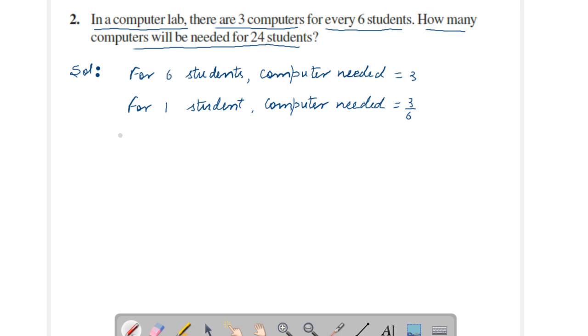For 24 students, computers needed is equivalent to 3 upon 6 into 24.